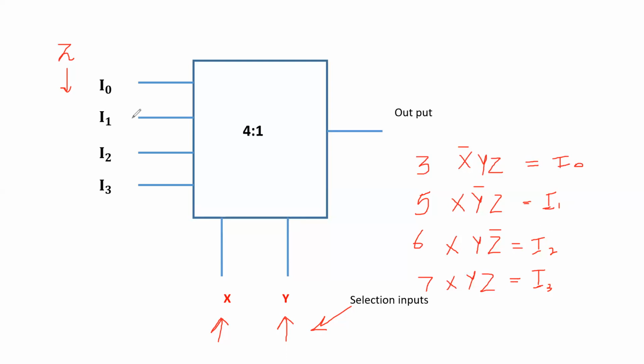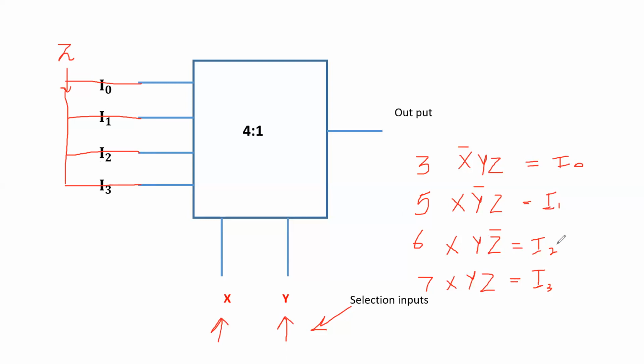So we will be giving these inputs the value of z from here. So it is joined with z. Similarly, I1 is joined with z, and I2 and I3.